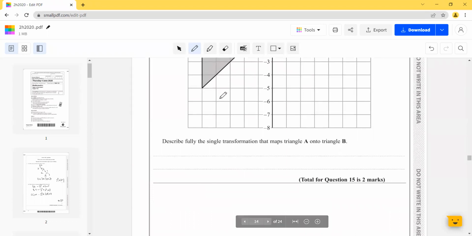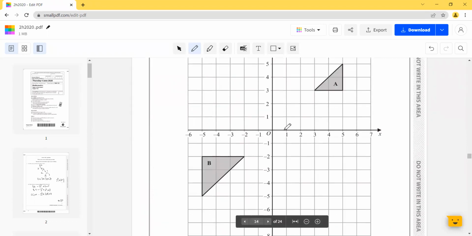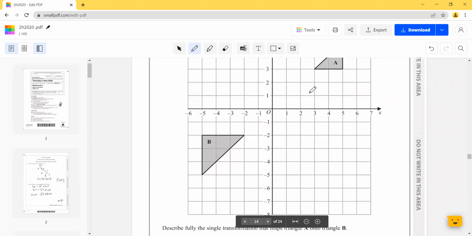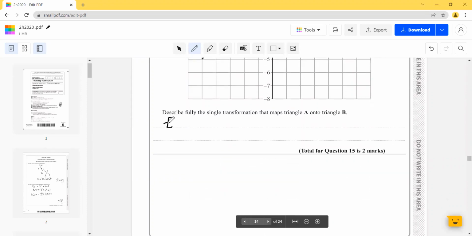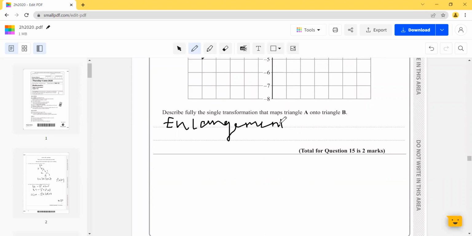Okay, question 15. Describe fully the single transformation that maps triangle A onto triangle B. Well, it is an enlargement, because it's been enlarged, but it's also been turned around.